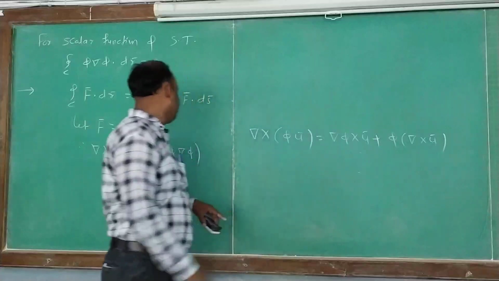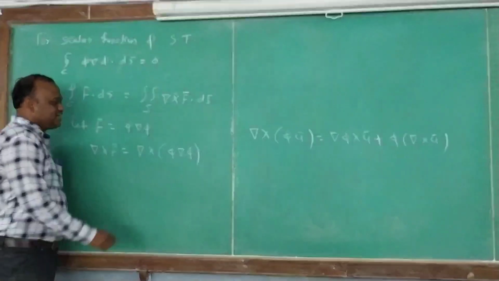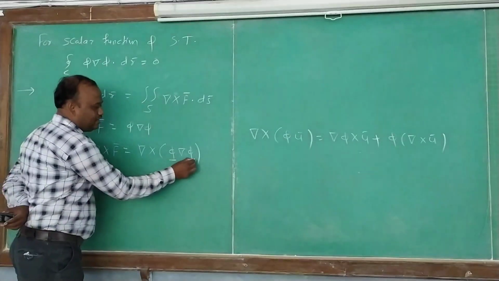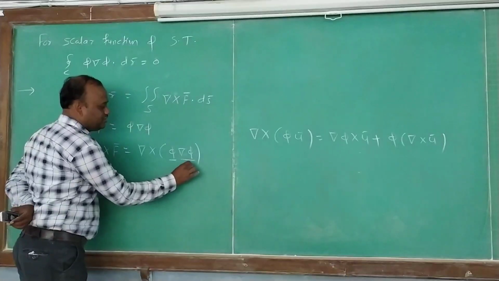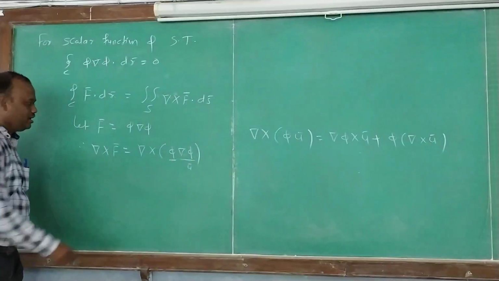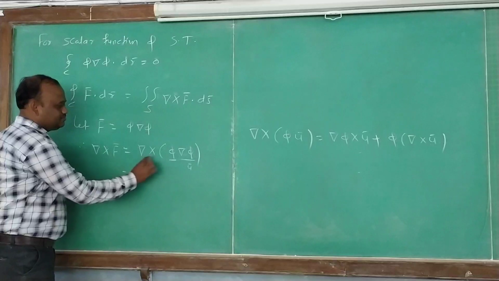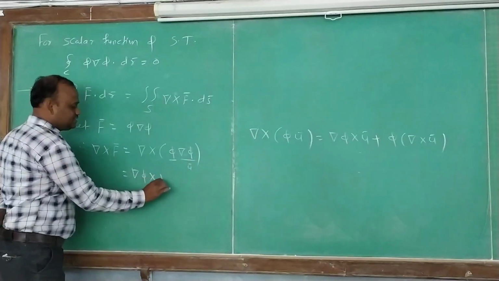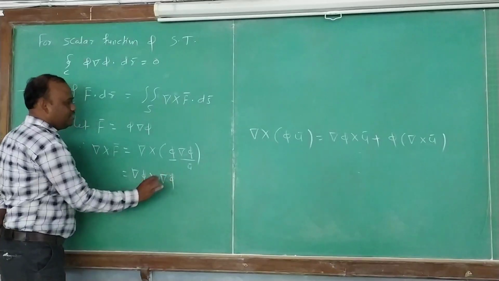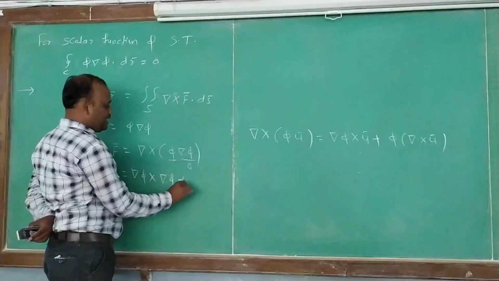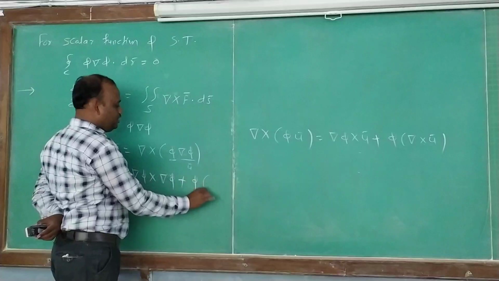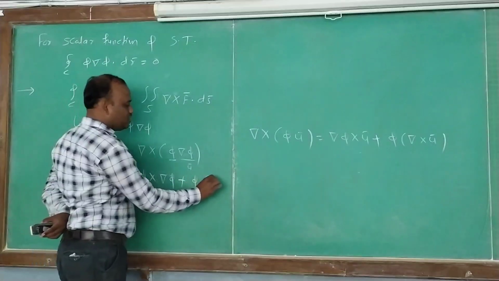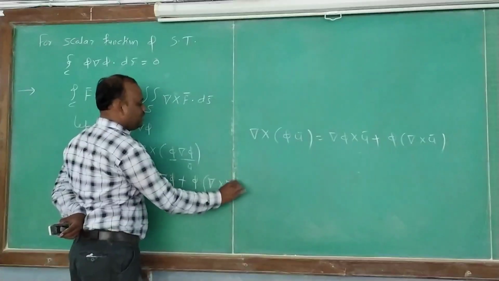So use this identity. Phi is a scalar, del phi is a vector, so denote del phi by u bar. How do we write this? Del phi cross del phi plus phi into del cross del phi.